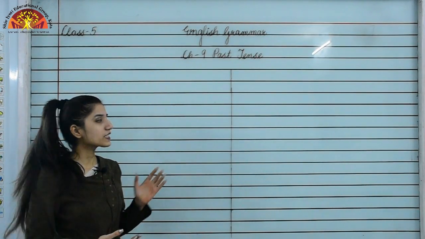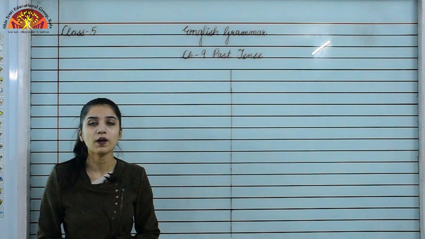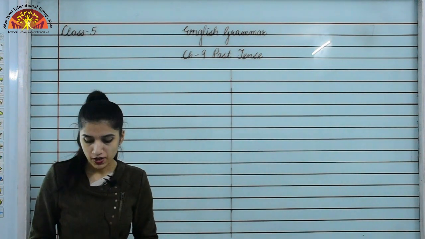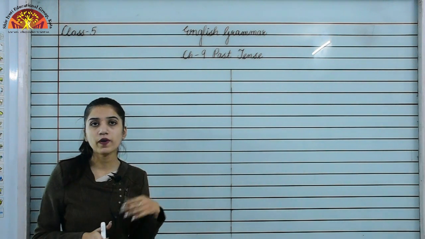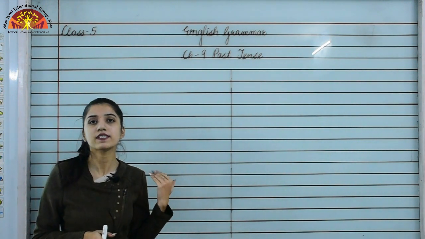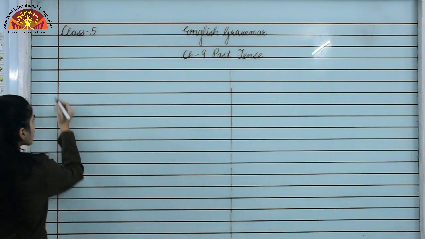Now we are doing chapter number 9, that is past tense, and you can open your books to page number 55. As we have seen in the previous video, when we did chapter 8, that was present tense, tenses are of 3 types. What were the 3 types?